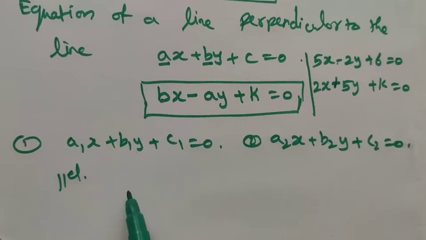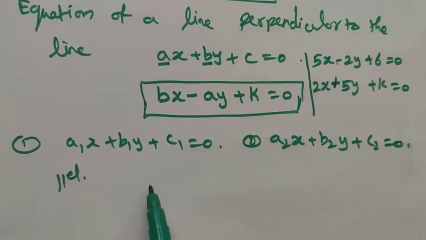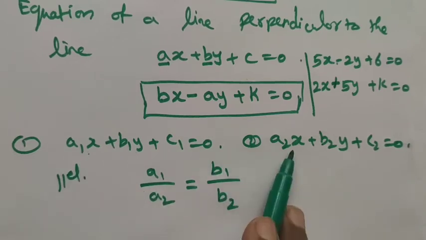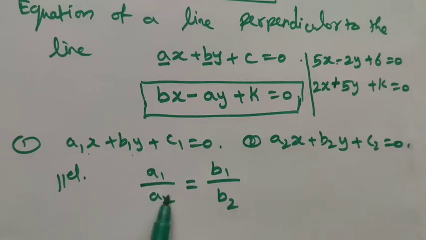If it is equal, we can say these two lines are parallel. That is a1 divided by a2 is equal to b1 divided by b2. If the ratios of the coefficients of x and y are both equal, we can say it is parallel. If it is not equal, we cannot say it is parallel.